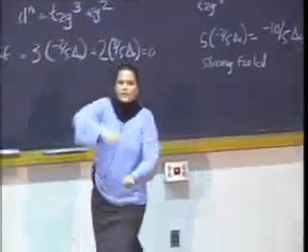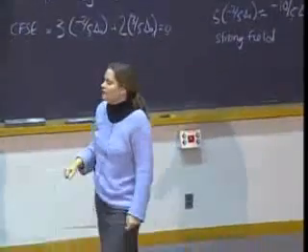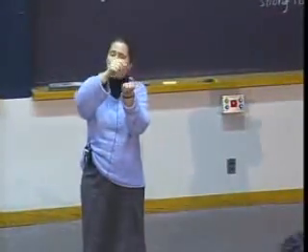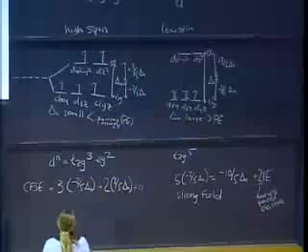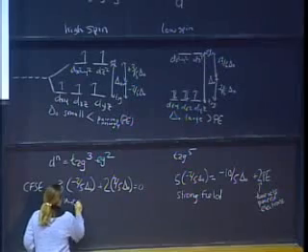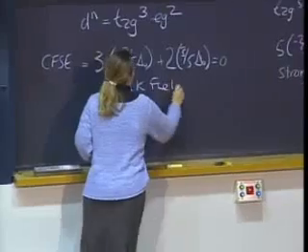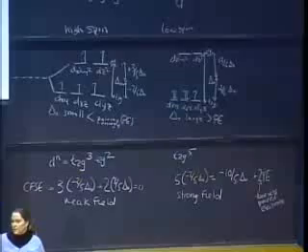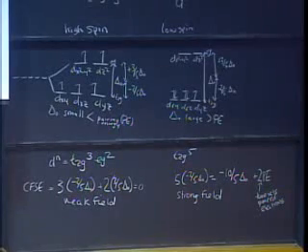So it's strong. It splits those d orbitals a lot. And a weak field ligand produces a small separation. It's pretty weak. It can't really split those d orbitals very much. So this would be a weak field case over here. So there's not much splitting between the d orbitals.